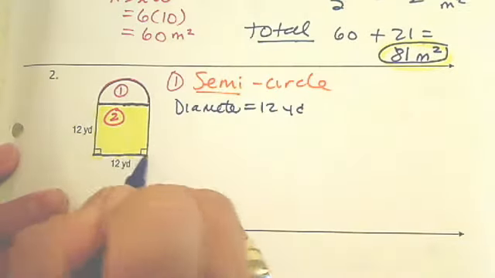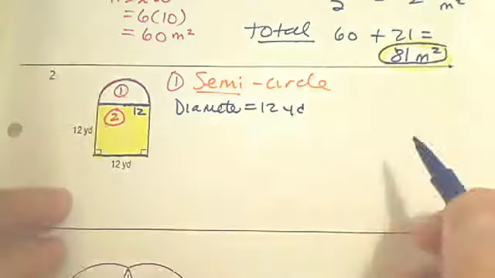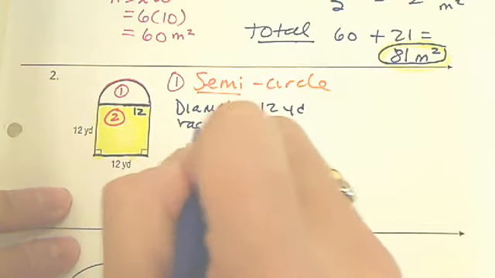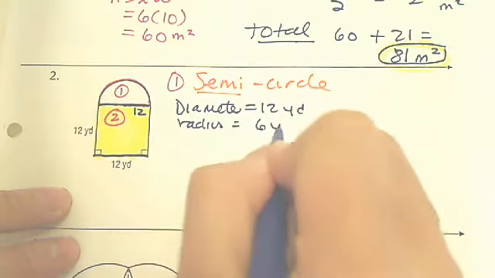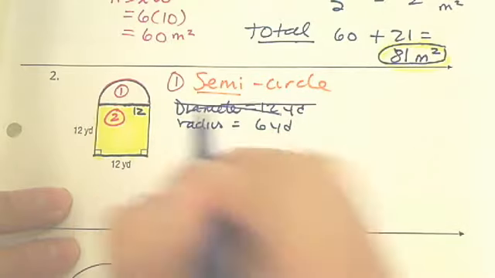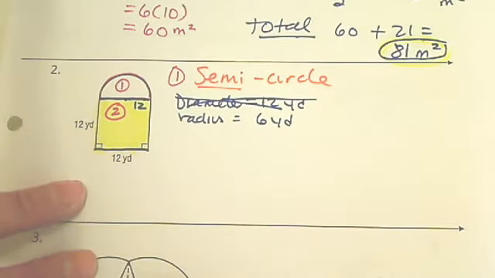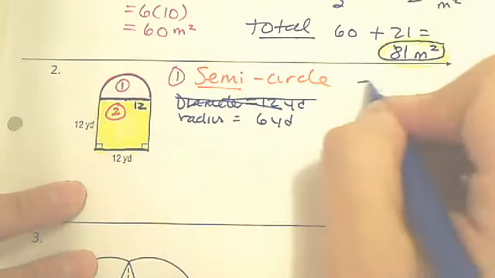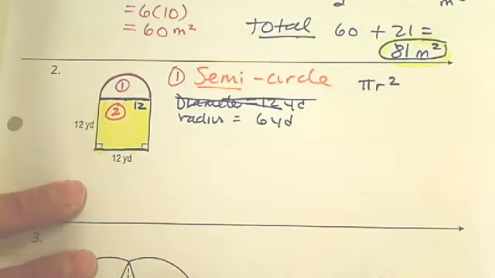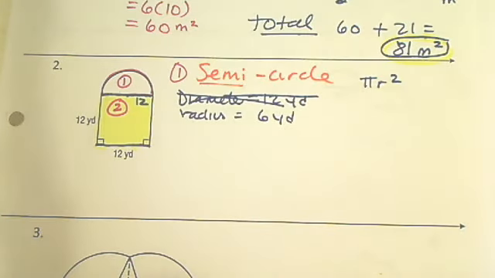Right, 12. But we need the radius. It's actually 6. I'm crossing out diameter. You can only use pi r squared, which is the area of the circle.